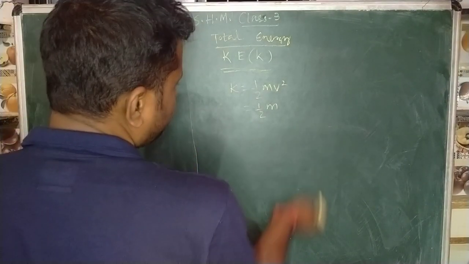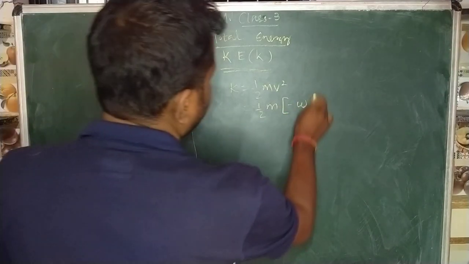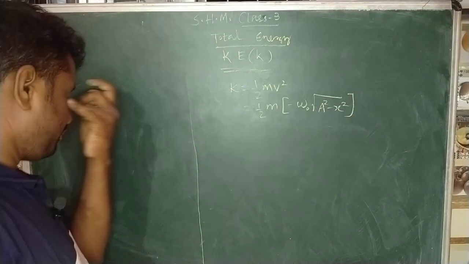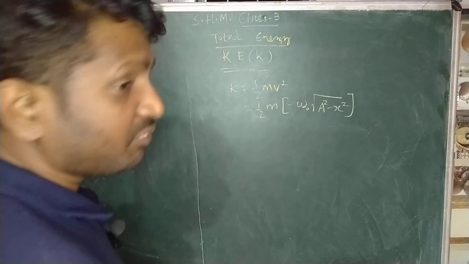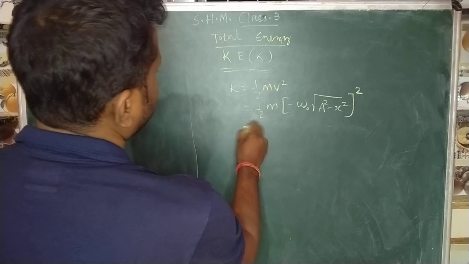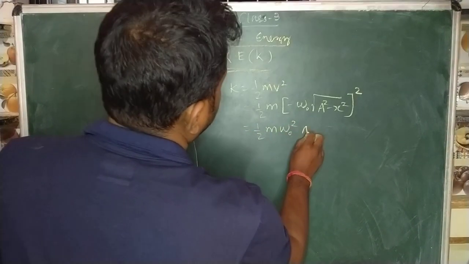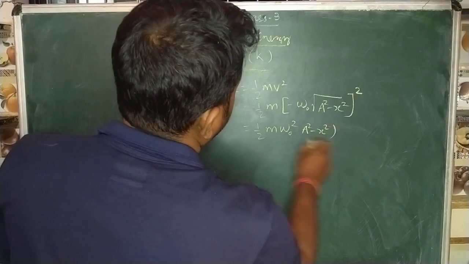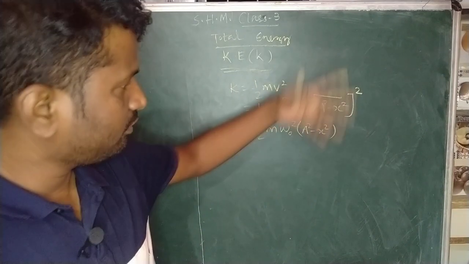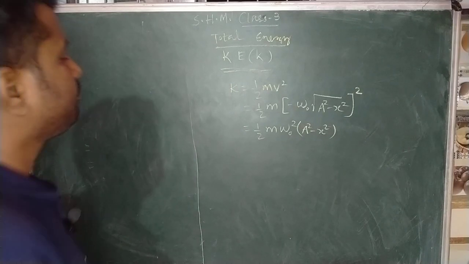Just remember, I have written v as minus omega naught square root of a square minus x square. This is the expression for v. I told you, don't forget this, very important. This is squared, so half m omega naught square into a square minus x square. This is our kinetic energy.